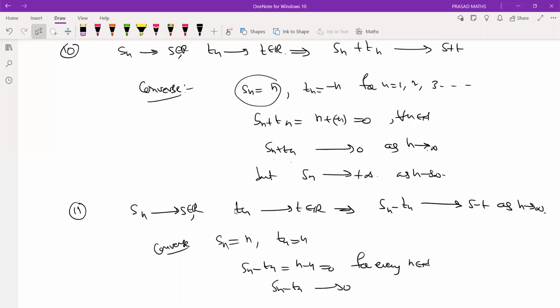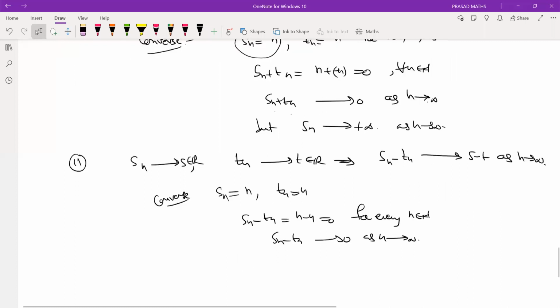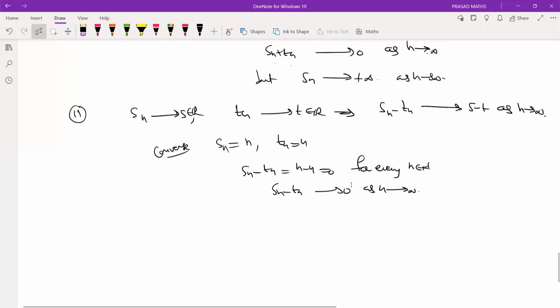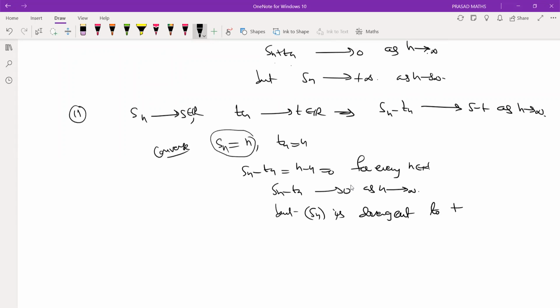This converges to 0 as n tends to infinity with respect to any topology. Therefore Sn minus Tn converges to 0, but Sn is divergent, divergent to plus infinity.